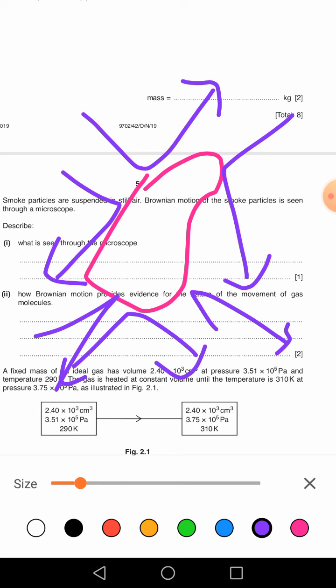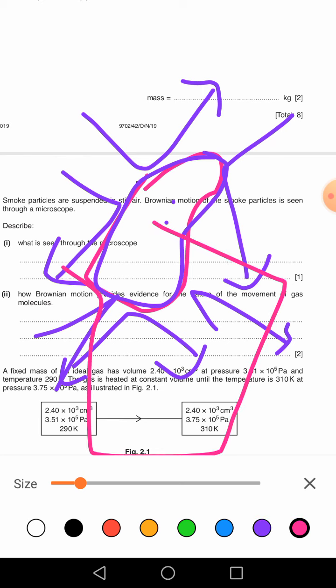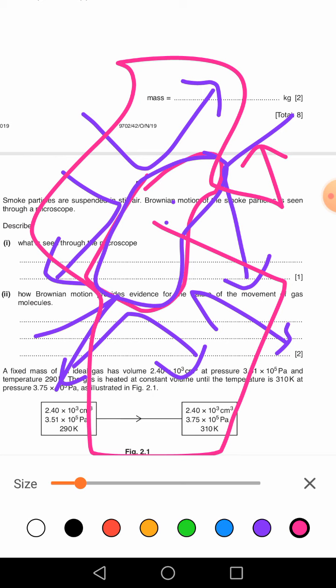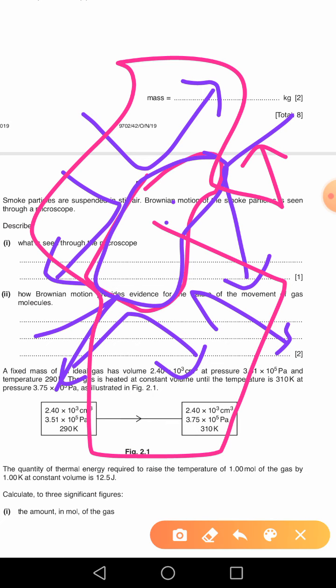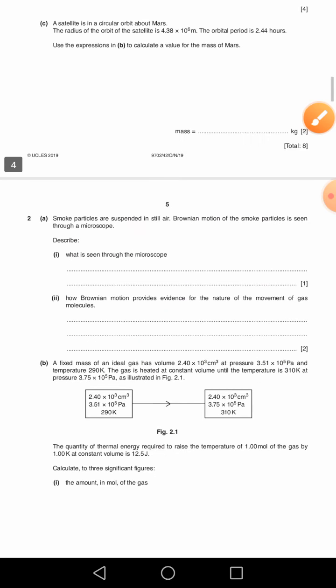So this smoke particle starts to move in a random haphazard manner like this, in any direction it likes. So we can say that in a gas the particles move randomly, following no specific pattern or direction, and they have different velocities. They have high velocities, they have random velocities, whatever you want you can write, no problem. Okay, this question is quite basic.